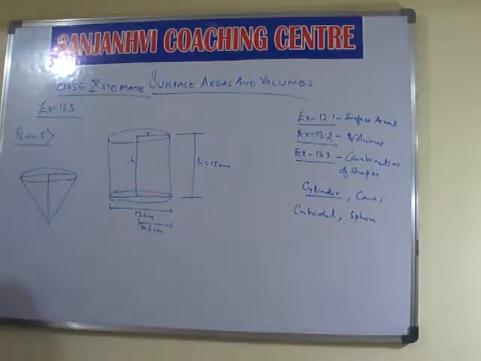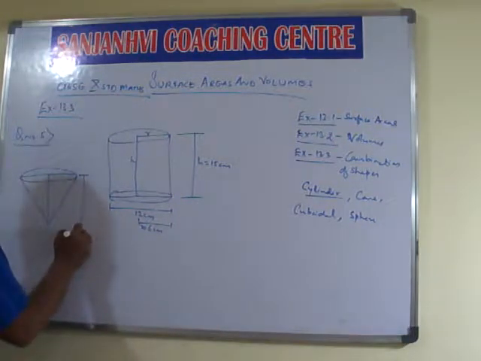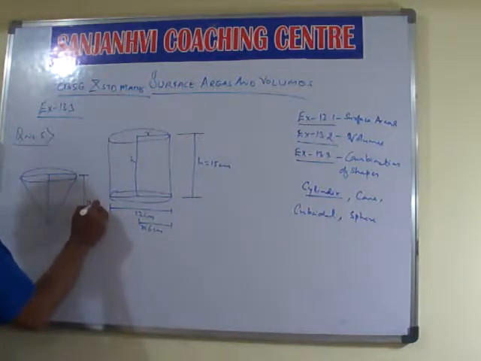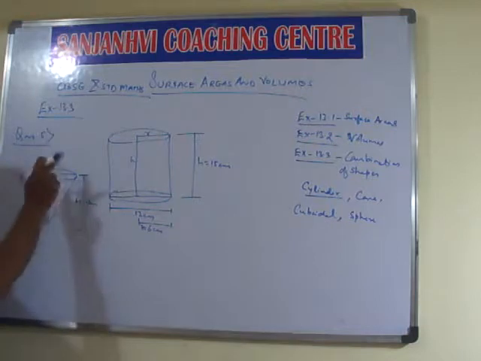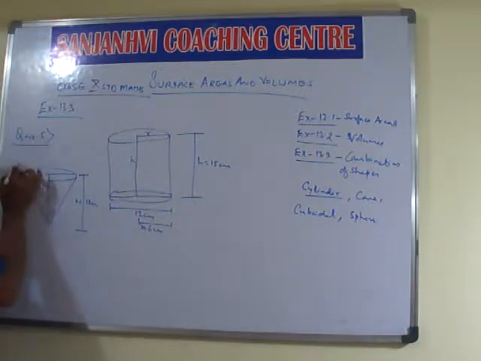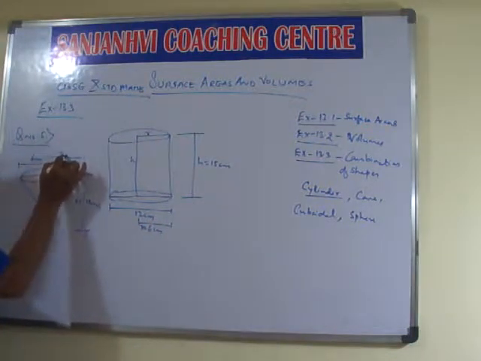Now the ice cream is to be filled into cones of height 12 centimeter, so h is equal to 12 centimeter, and diameter 6 centimeter. From this to this it is 6 centimeter, whereas from this to this it will be 3 centimeter.